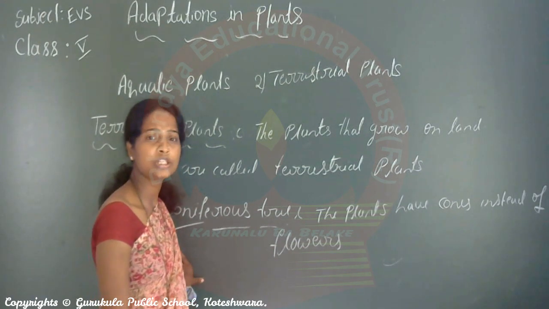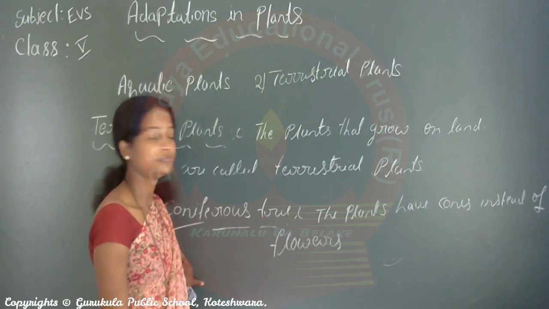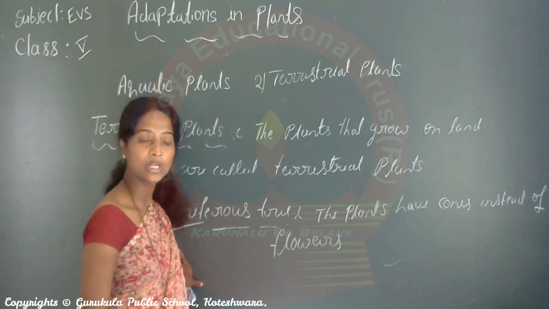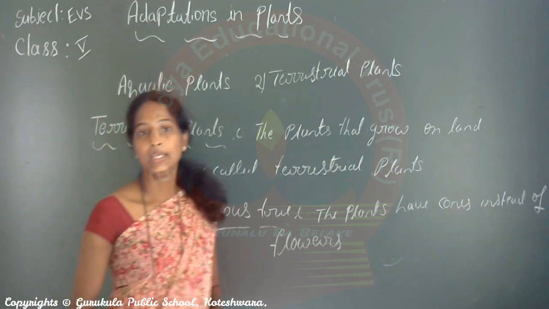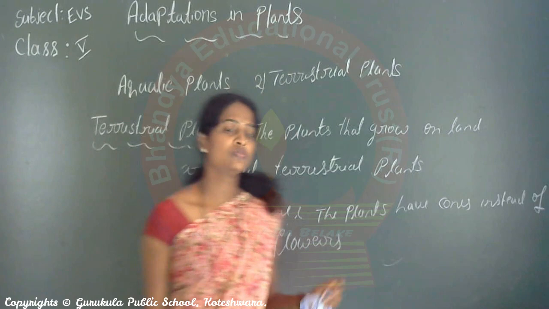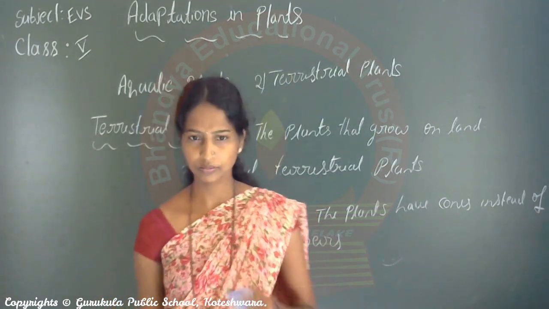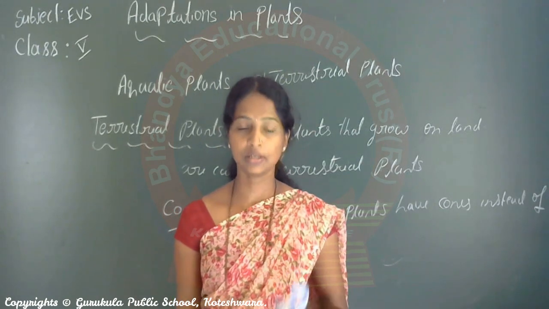Hilly regions means it is too cold with snow. For example, Ooty, Kashmir. In these areas we can find fir and cedar.